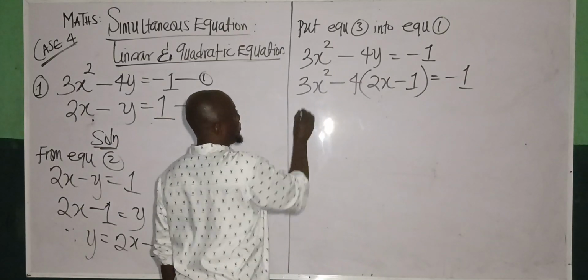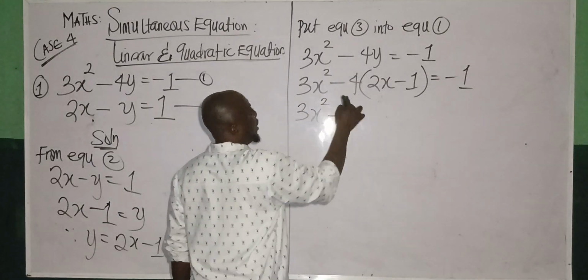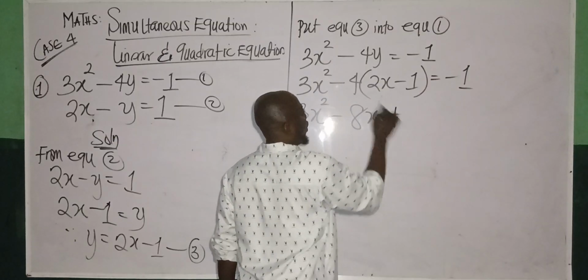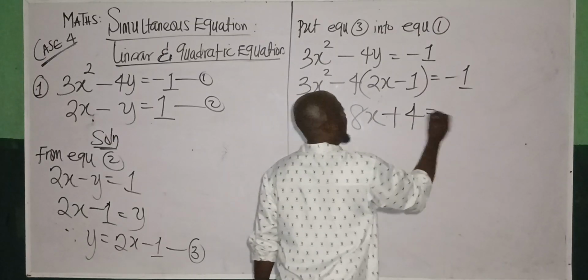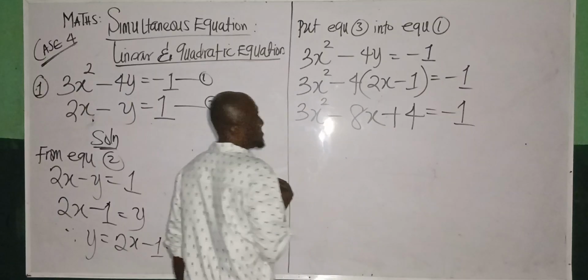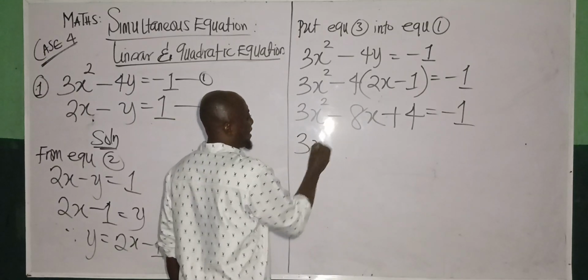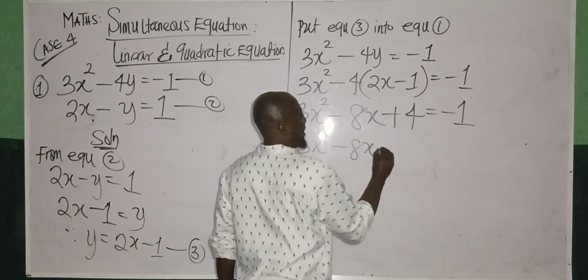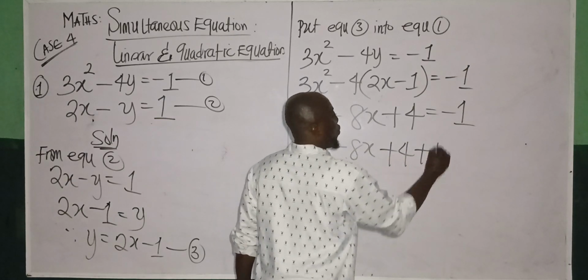Bring 3x squared down, open the bracket. I have 3x squared minus 8x, and bringing this inside gives us plus 1.